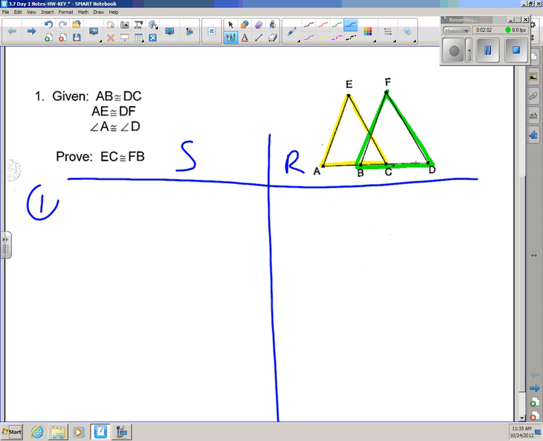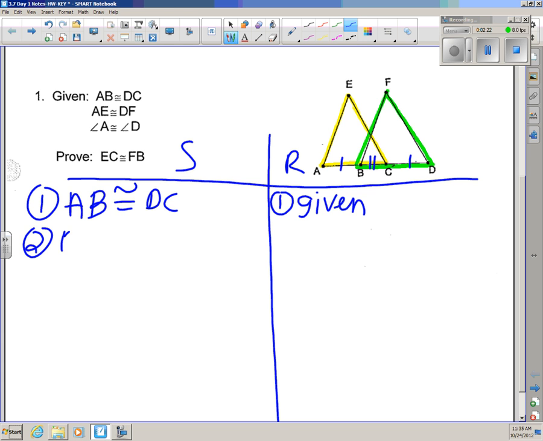So we've got AB congruent to DC, which would be this little guy to this little guy. So that's given. I'm going to stick with this before I do anything else because I want to get to this part being reflexive to do some equals added to equals. So I'm going to say BC is congruent to BC. That's reflexive.